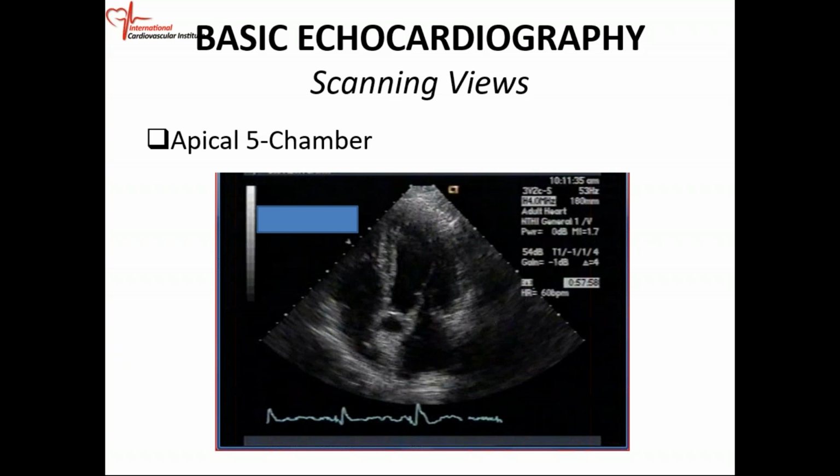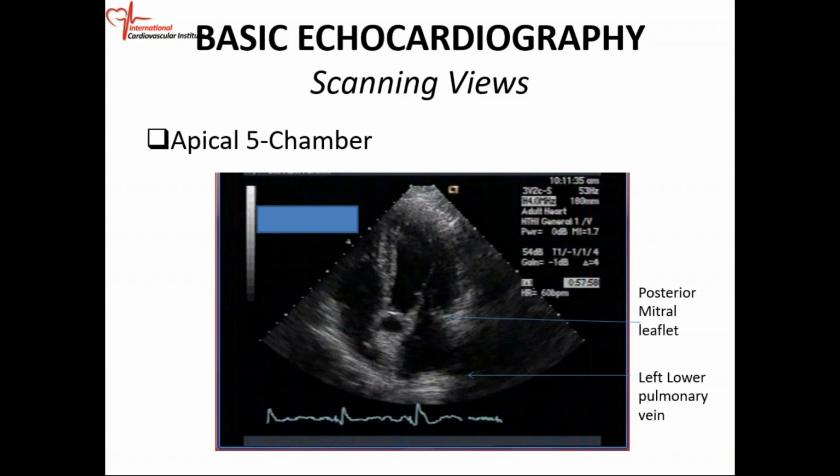Again, you have to know the structures that make up your 5-chamber view. So again, your anterior mitral leaflet is right there. Posterior mitral leaflet is right there. Now, your pulmonary veins, remember from your anatomy, there are 4 pulmonary veins. They all drain into the left atrium.